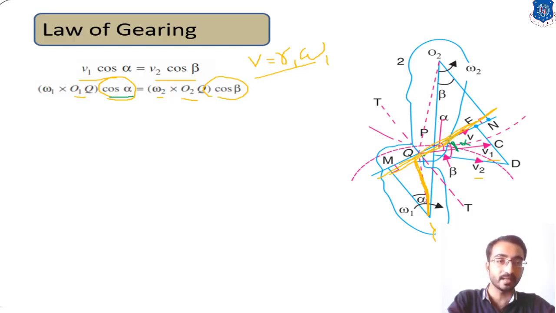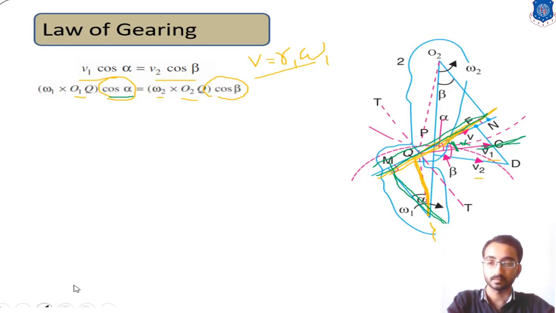Now consider the same angle: this line is perpendicular to this one, and similarly this second line is perpendicular to this one. So the intermediate angle alpha will be the same in both cases.